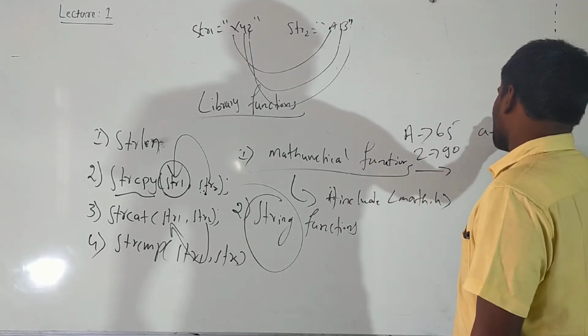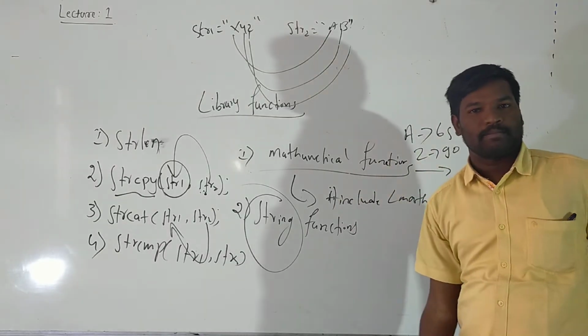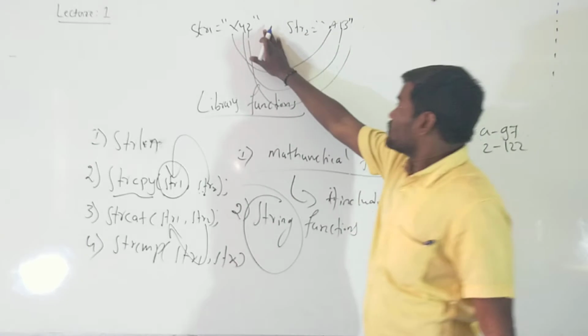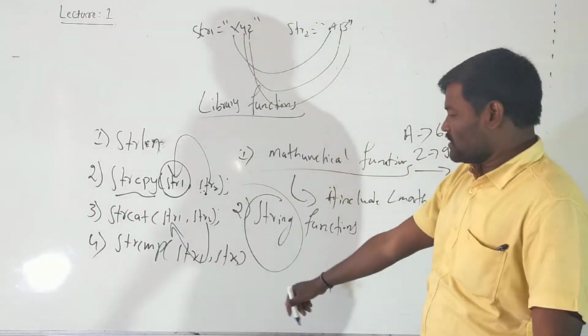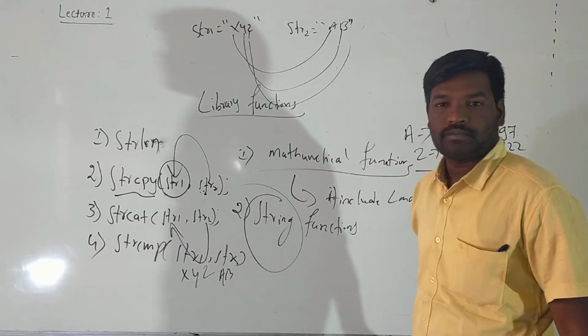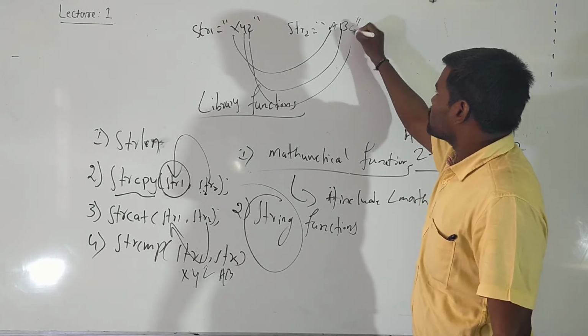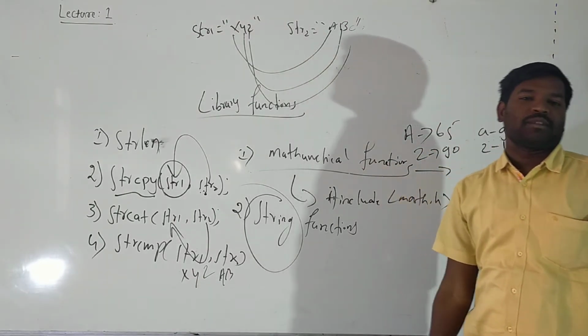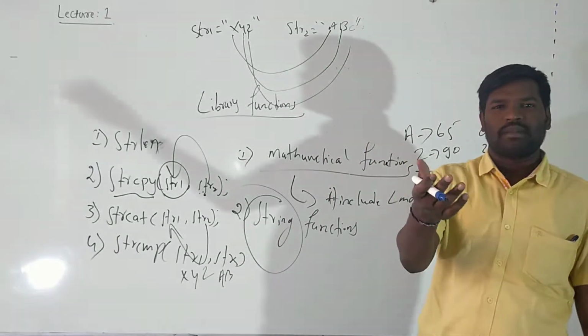In the same way, small a is 97 and small z is 122. Here xyz is there, and you compare it with ab, or you can take abc. The result must be an integer, or you can print a message also.